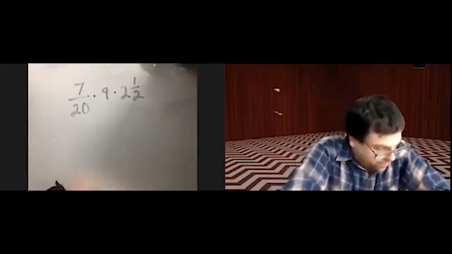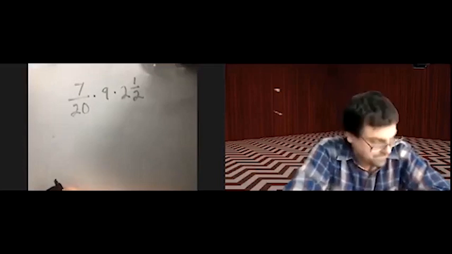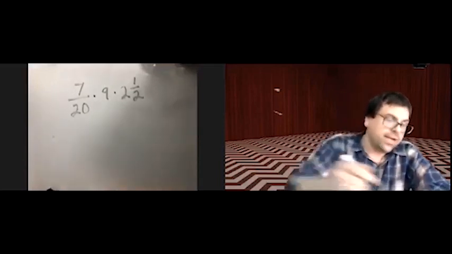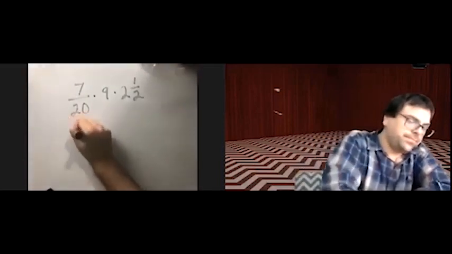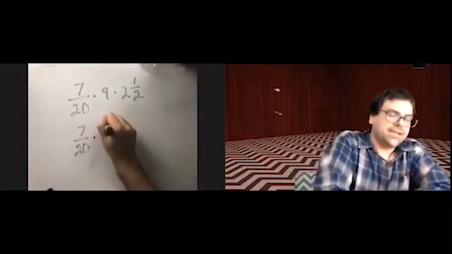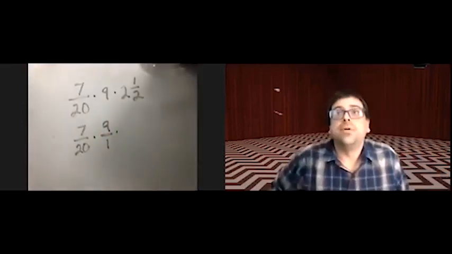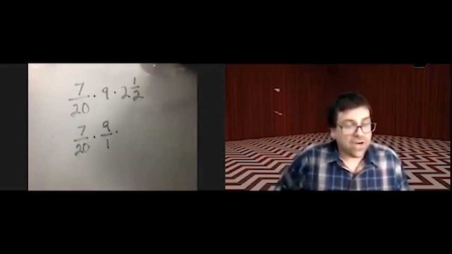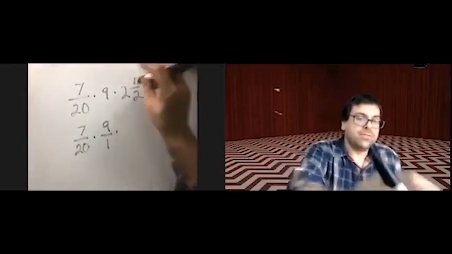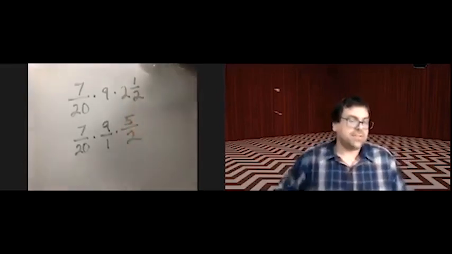Well, that whole number is not going to be the only thing that we need to simplify, or I should say rewrite. 7 over 20 times the 9 is 9 over 1 times the mixed number, which has to be written as an improper fraction. 2 times 2 is 4 plus 1 is 5 halves.